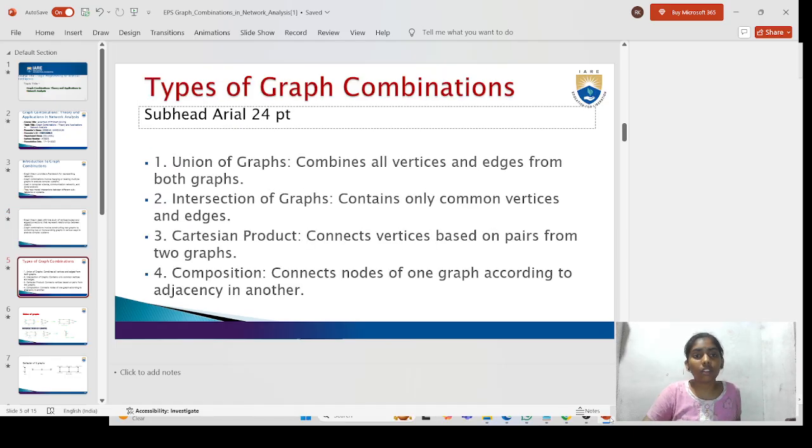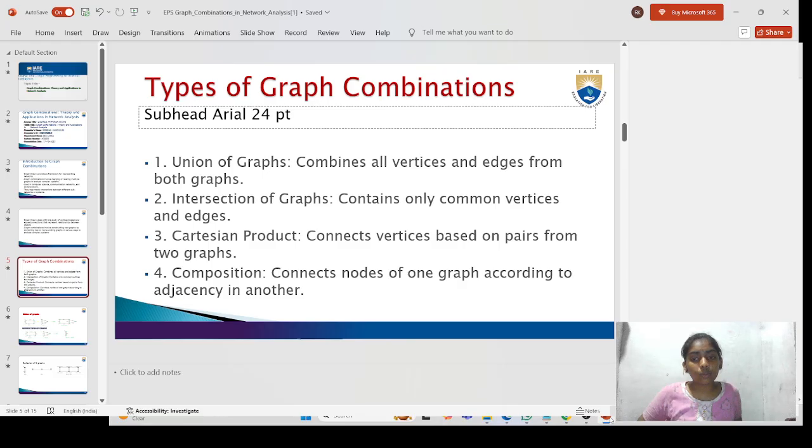So, types of graph combinations. There are several types of graph combinations, but here we majorly consider four types. First is union of graphs. Union of graphs combines all vertices and edges from both graphs. Second one, intersection of graphs.